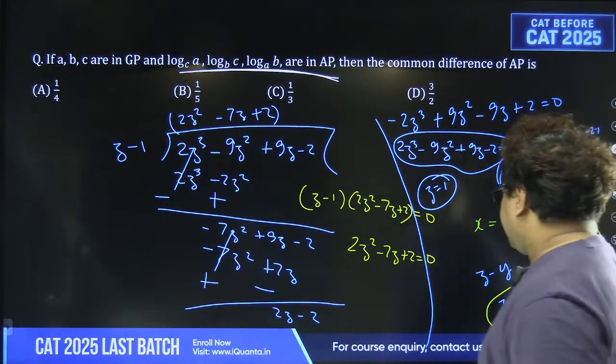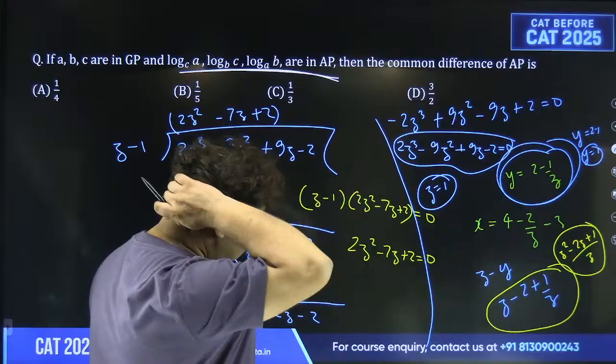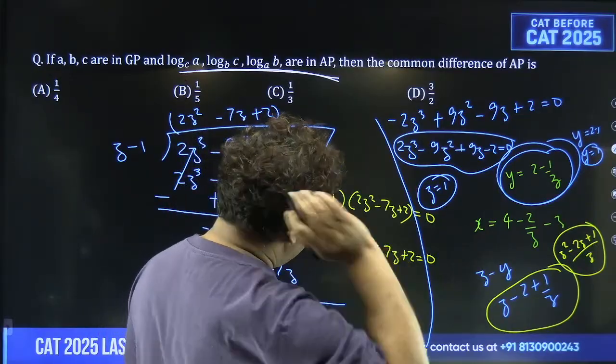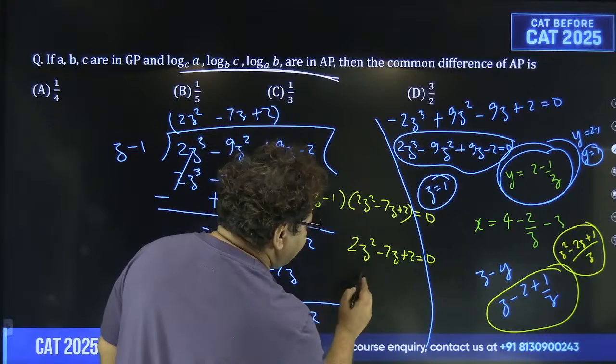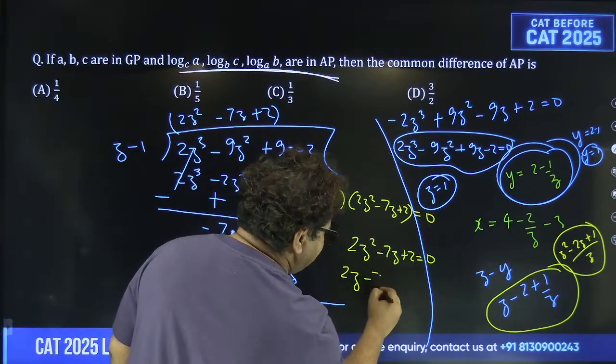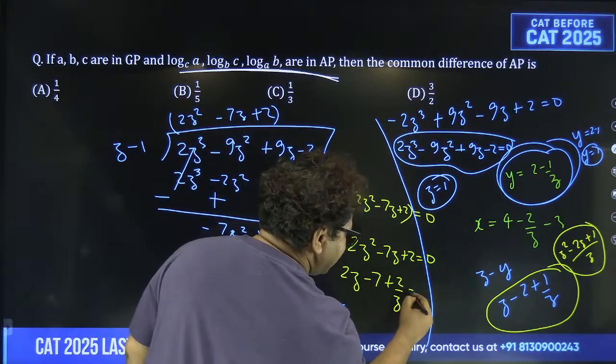Okay, let's do one thing. Everybody pay attention. I'm going to use a technique over here. What if I divide this whole by z? Let's divide this whole by z. I'll get 2z minus 7 plus 2 by z is equal to 0.